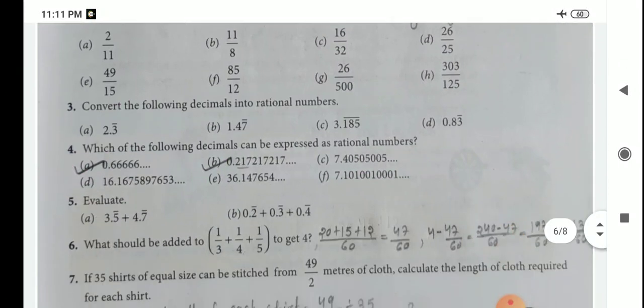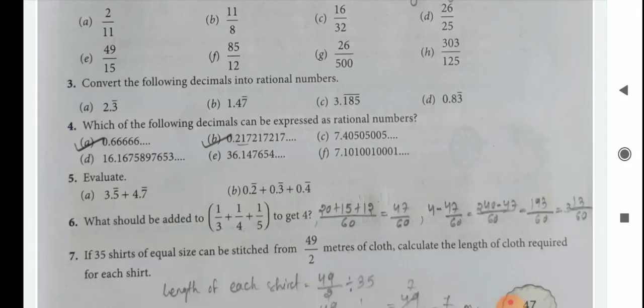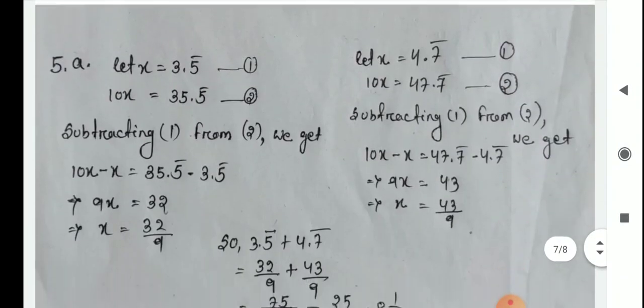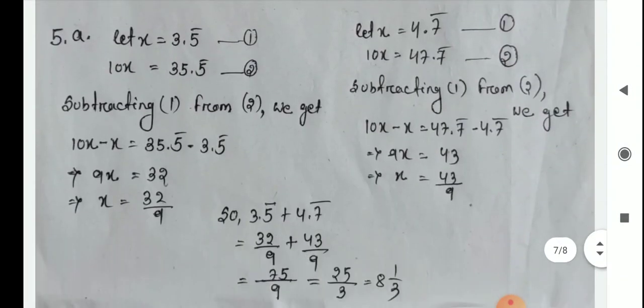Then number 5 you see. Evaluate 3.5 bar plus 4.7 bar. So first of all we convert them to fractions, then we evaluate. So for part A you see children, like this we can solve.